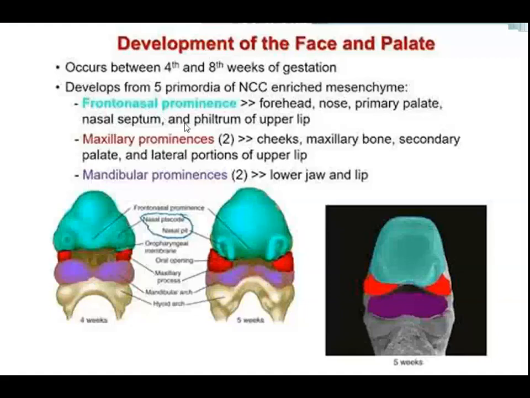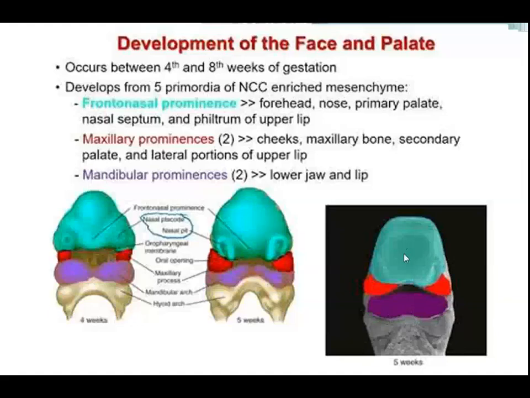The frontonasal prominence will give rise to the forehead, nose, primary palate, nasal septum, and philtrum of the upper lip. But the maxillary prominence will develop into cheeks, maxillary bone, secondary palate, and lateral portions of the upper lip. Mandibular prominences will develop into the lower jaw and the lip.